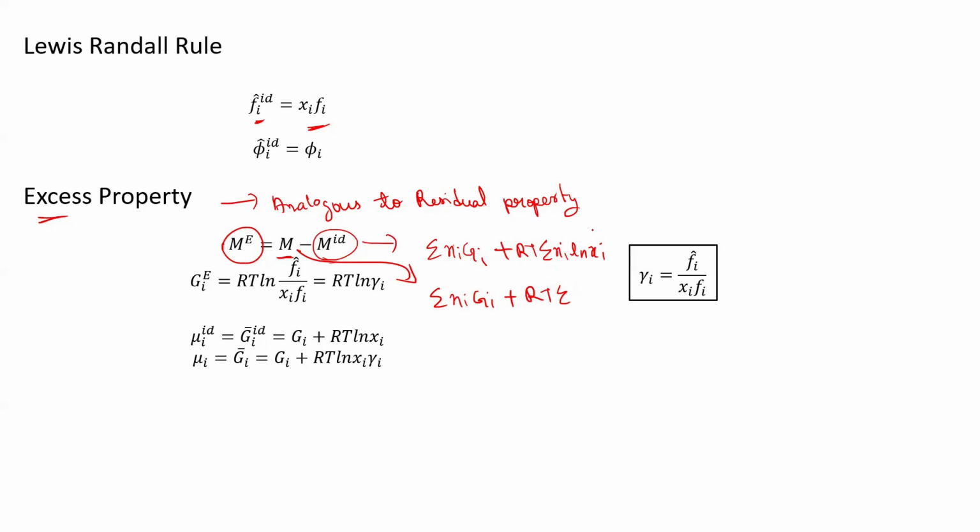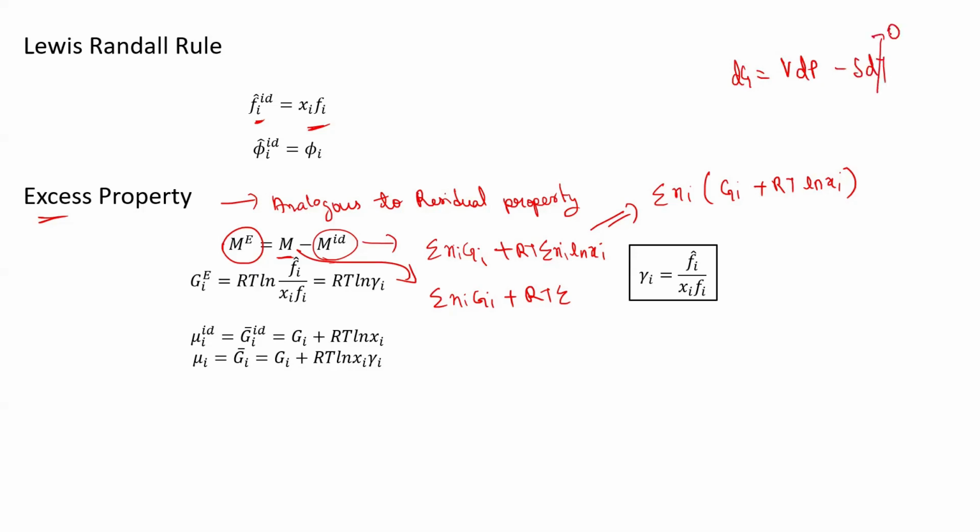So here this is sigma Xi plus RT ln Xi. But instead, this has come from the thing where we have RT VDP. VG is VDP.